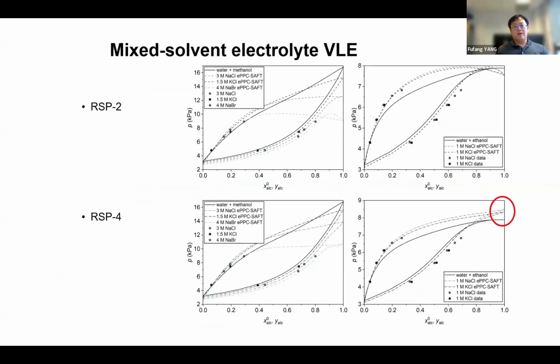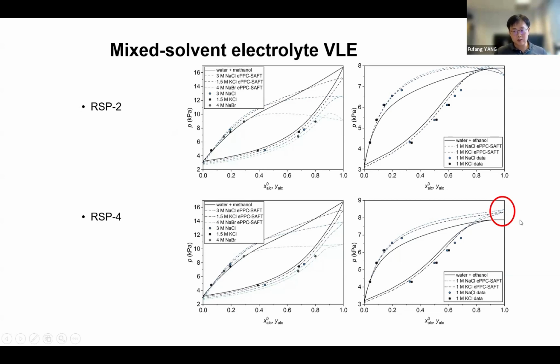But when we compare this VLE result between the second and the fourth approach, in the second approach we corrected for the alcohol composition, and in the fourth approach we correct for both alcohol composition and salt composition, we see some strange behavior here.